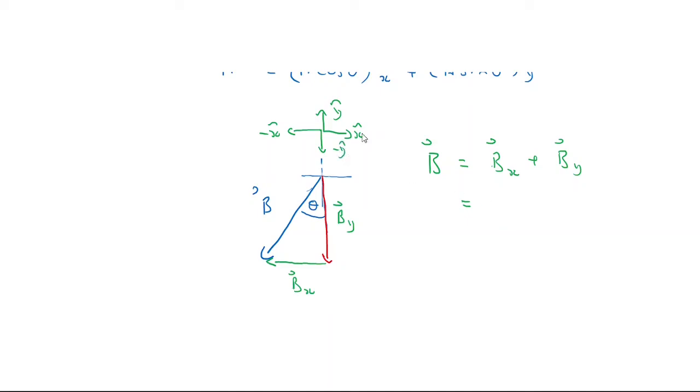So let's look at this now. Bx is going that way, to the left, so it's going to be negative. Do I know the magnitude of Bx? I don't know how big Bx is, but I do know the direction. The direction is going to be negative x because it's going that way. Now what about By? Do I know the magnitude of By?